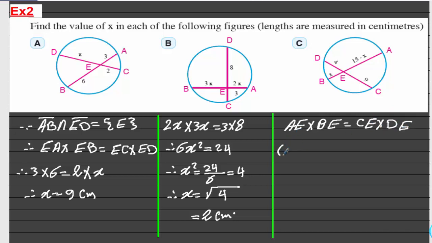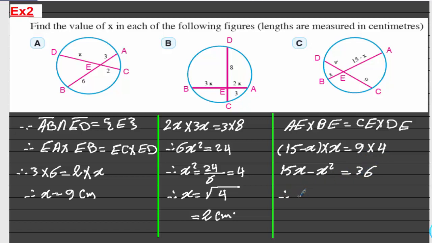AE is 15 minus x, multiply x, equals 9 multiply 4. So 15 multiply x is 15x, minus x multiply x, x power 2, equals 9 multiply 4, which is 36.